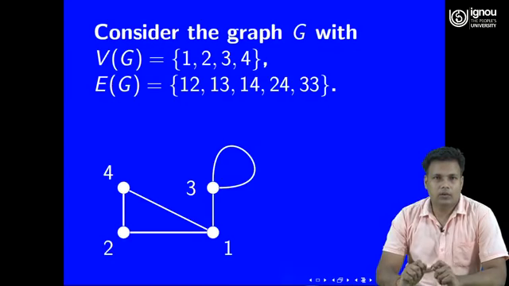For example, the edge {1,2} is just the edge that connects the vertices 1 and 2. Likewise, the edge {1,3} is the edge that connects the vertices 1 and 3. You can see that the edge {3,3} has both endpoints equal, that is, it has just one endpoint, namely 3. So in that case, we have started the line and ended at the same vertex.